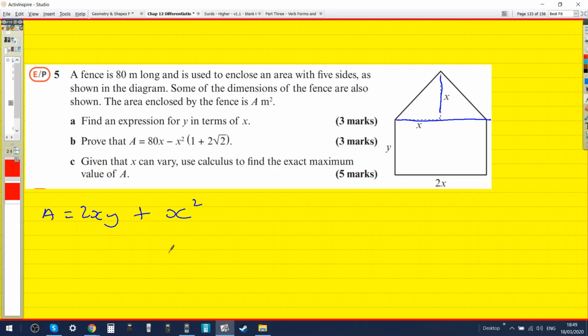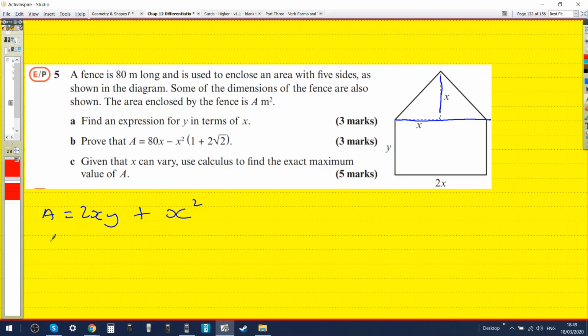So then from that we want to divide by y. Oh no, not yet. 2xy equals minus x squared.